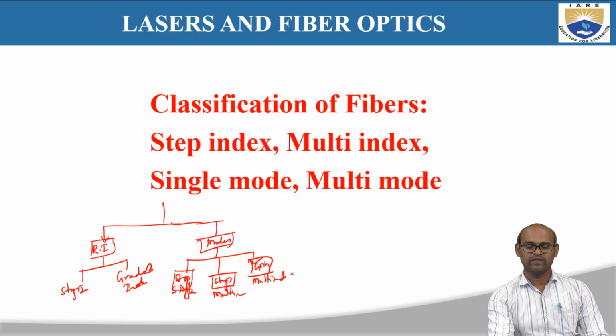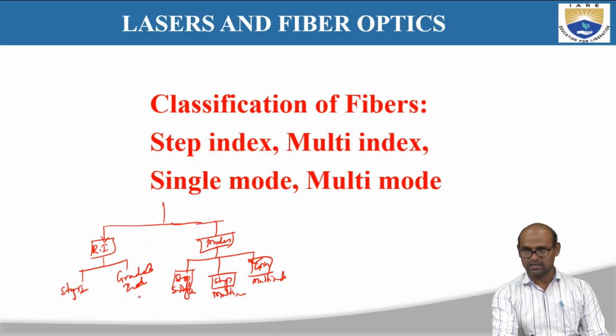So based on the refractive index profile, you have two different kinds of optical fibers, step index and graded index. And based on the modes of propagation of light in the optical fiber, you have three different types: step index single mode, step index multi-mode, and graded index multi-mode.